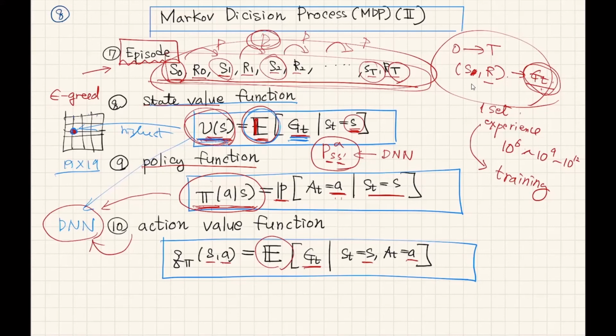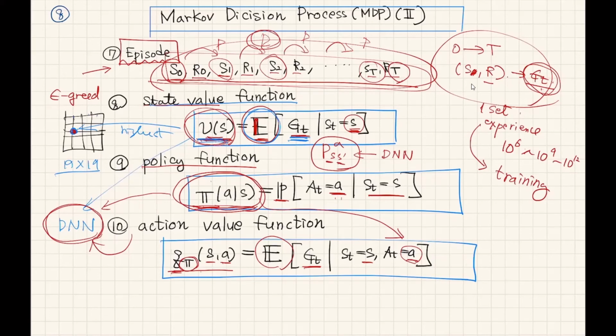And when you make this action, you follow this policy function. That's why we put the pi in this equation. If you follow this policy function that is represented by a DNN, then the expected return is called the action value function.